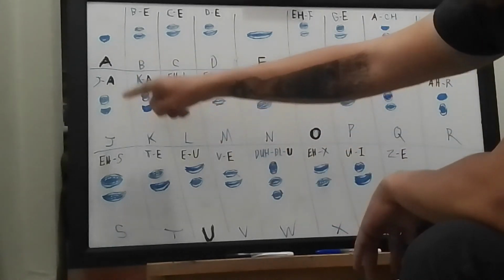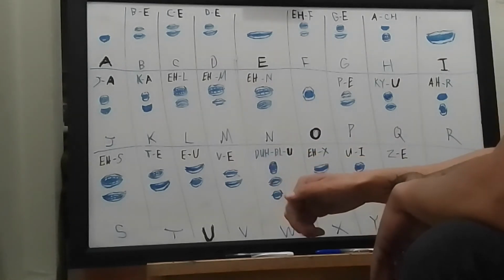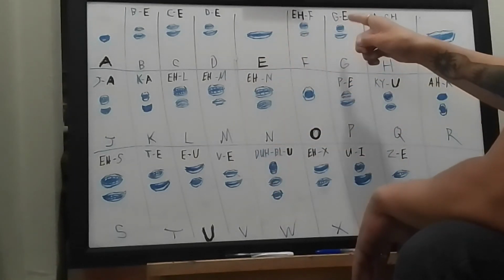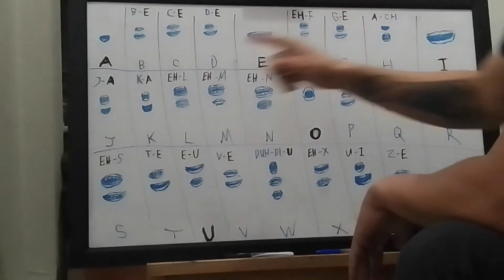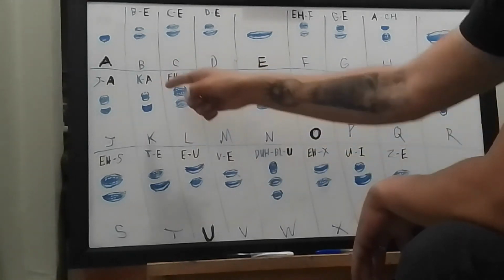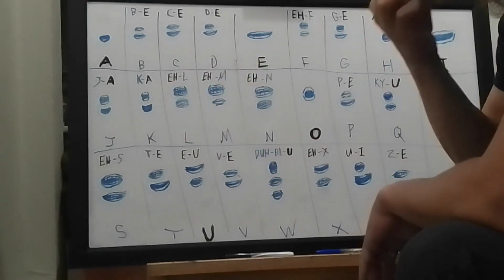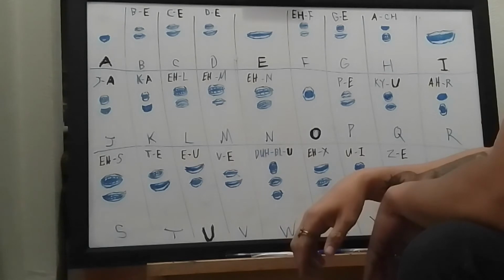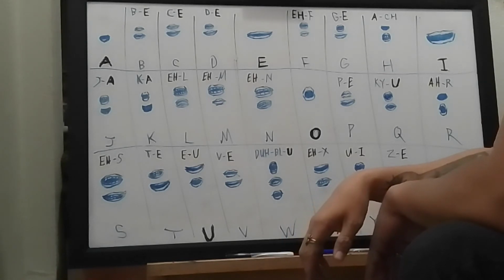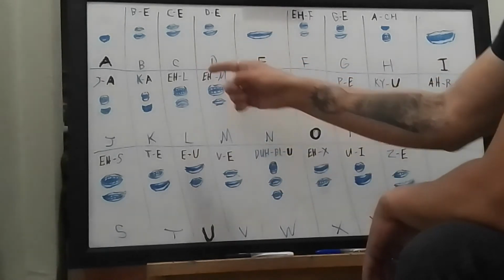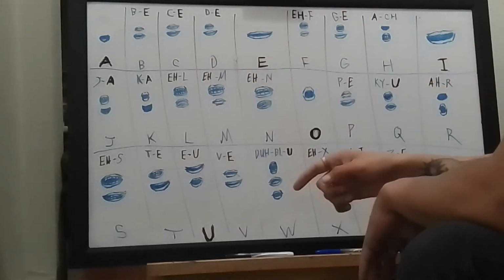Then over here, J, like G, A, K. Think of crunch, compaction, K, A, L, A, oh.